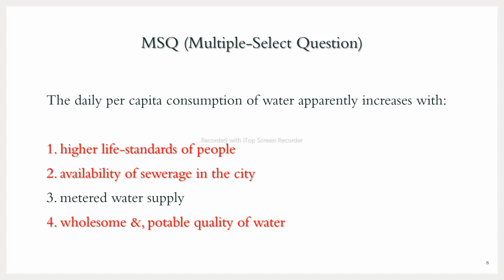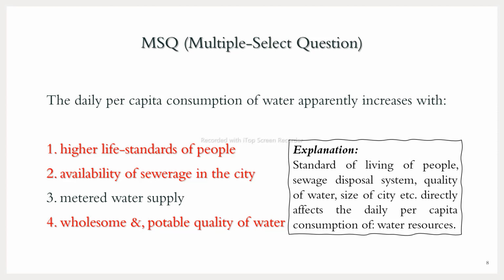So higher life standards of people, availability of sewerage in the city, and wholesome and potable quality of water: these are the three correct answers. Metered water supply, size of the city also directly affects the daily per capita consumption. But in case of metered water supply, if you are metering whatever water is being supplied to the household, then people become cautious in their water usage.